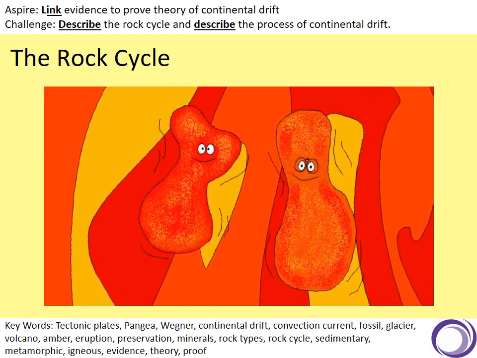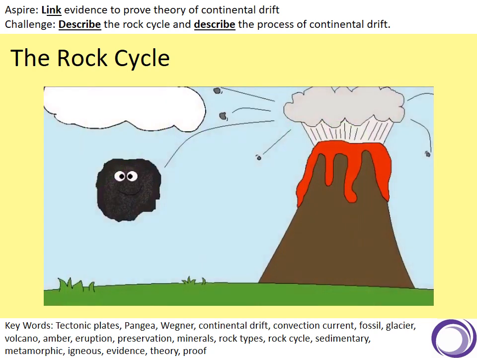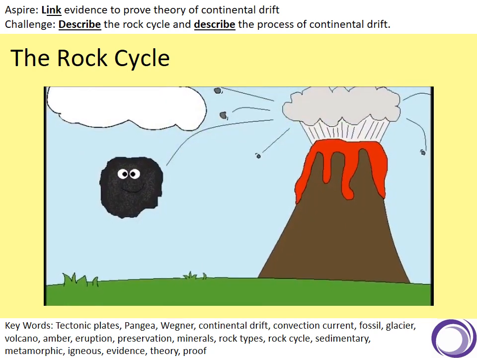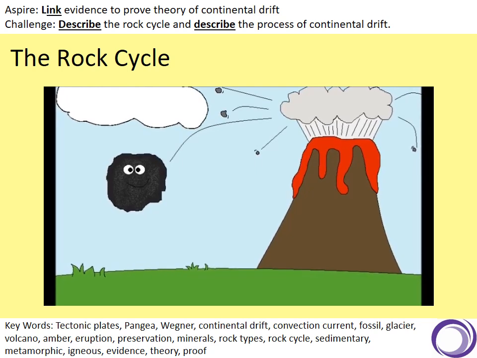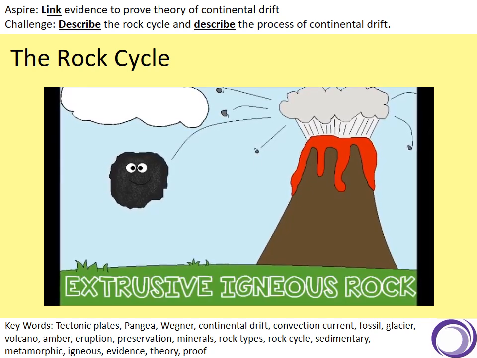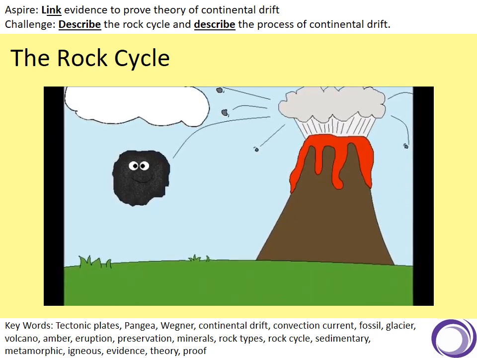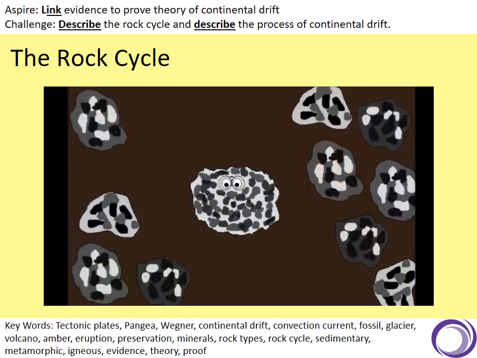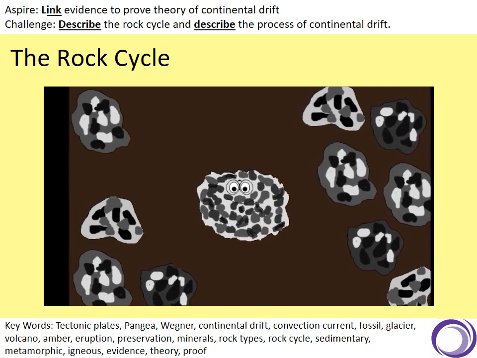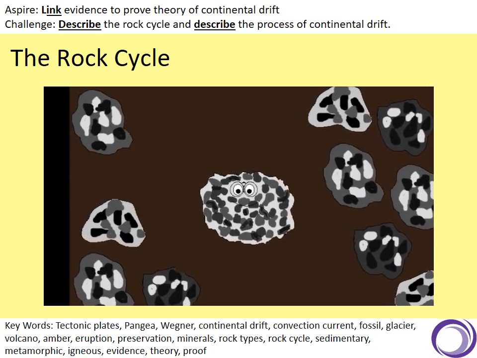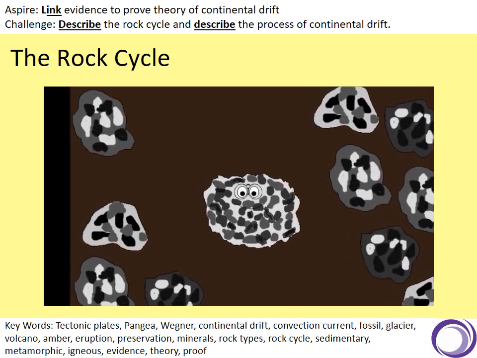But one day, one of the brothers was forced to the surface again in a volcanic eruption. This caused him to cool down very quickly, making him into a fine-grained, extrusive igneous rock. The other brother was left under the Earth's surface for a long, long time, and he cooled off very slowly, forming large crystals.